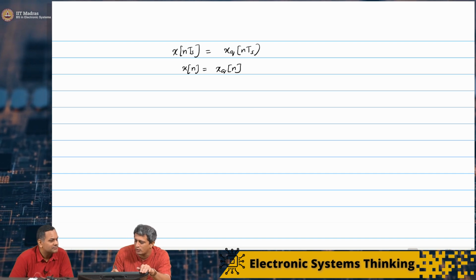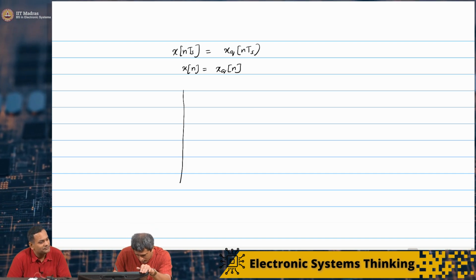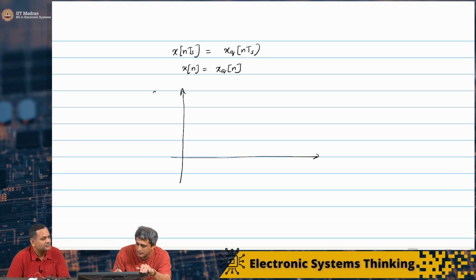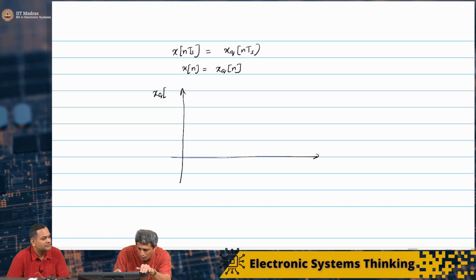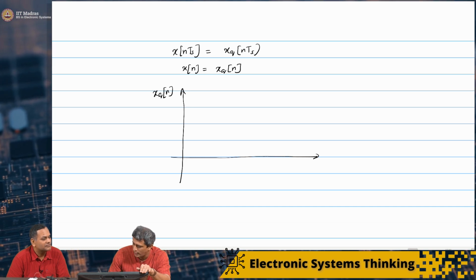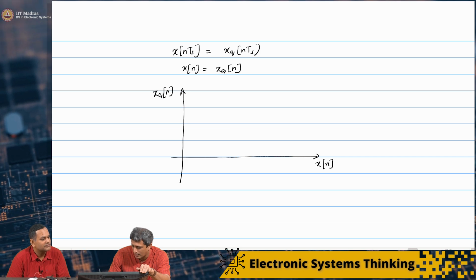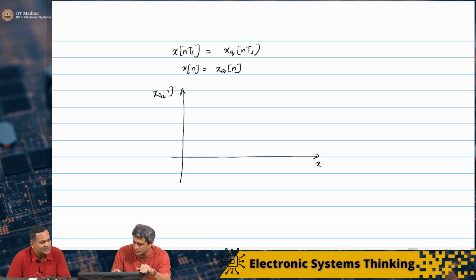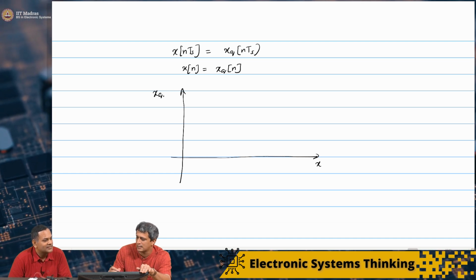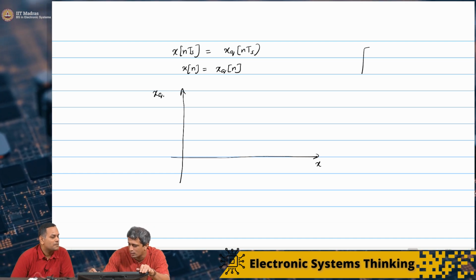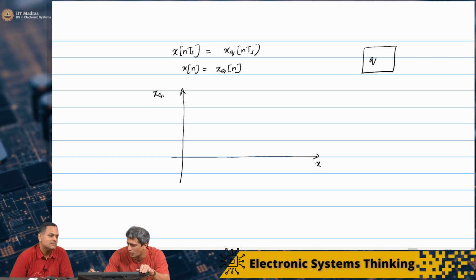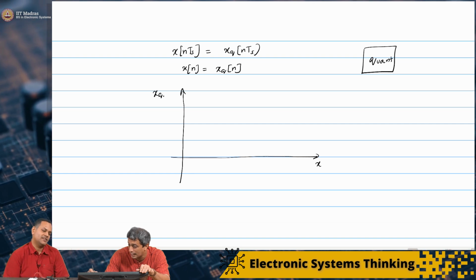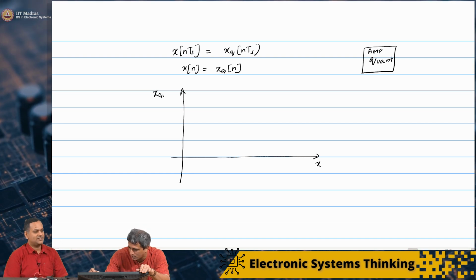So if I were to now look at xq of n versus x of n, I can drop this n also because for every sample we are going to do this. What I am saying is I have a block that does quantization. I'll call it the amplitude quantizer.